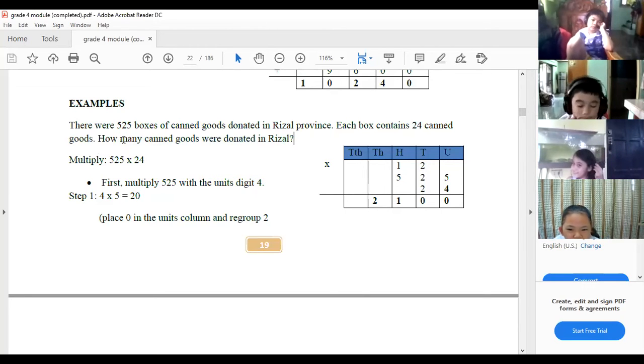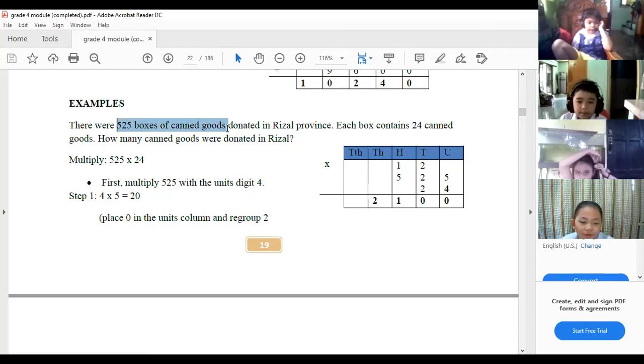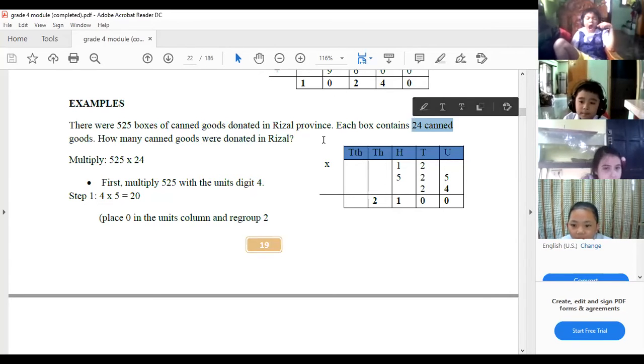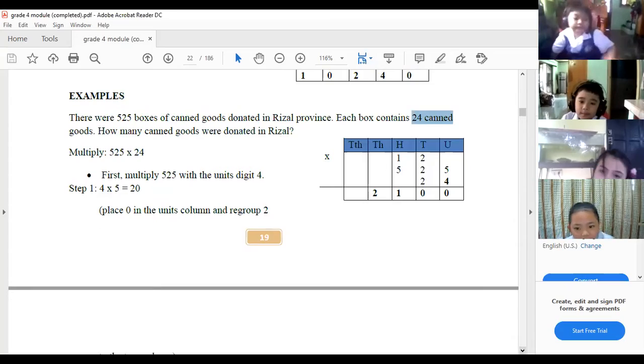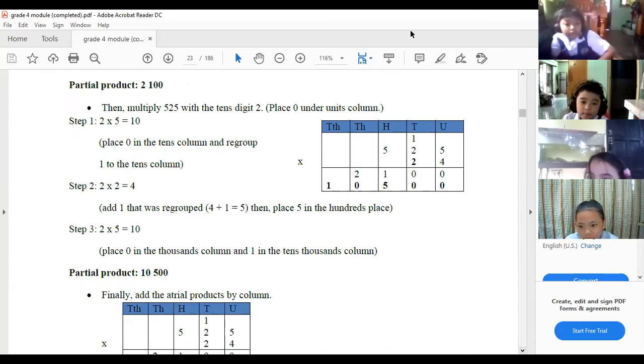What is asked? The canned goods donated in Rizal. What are the givens? We have 525 boxes of canned goods and 24 canned goods in each box.